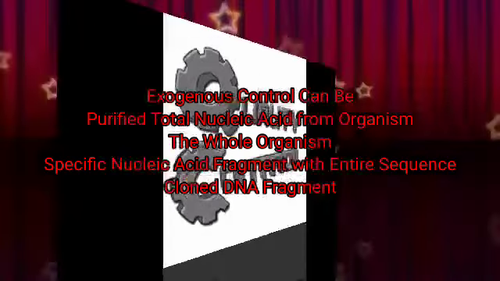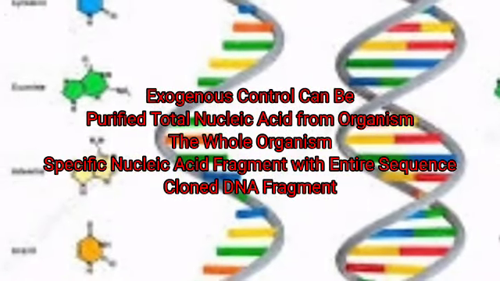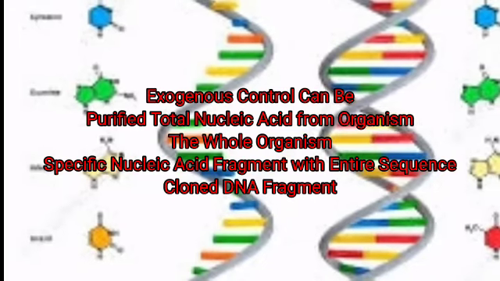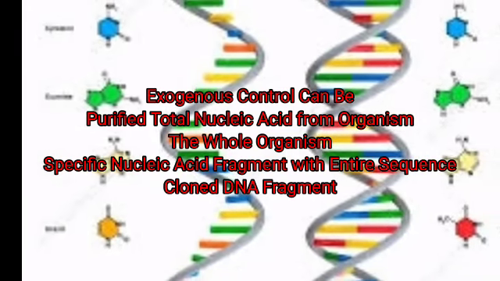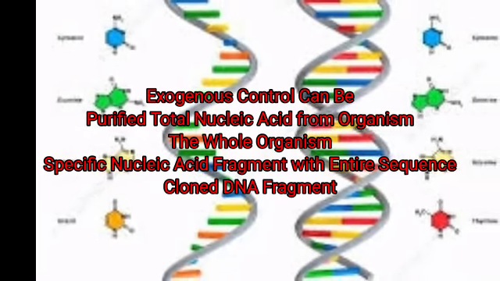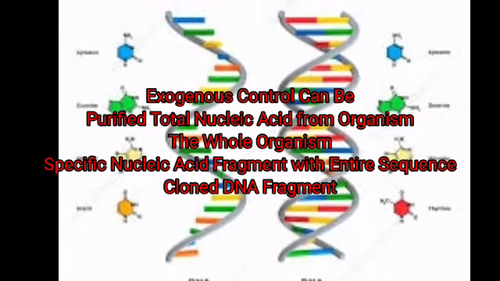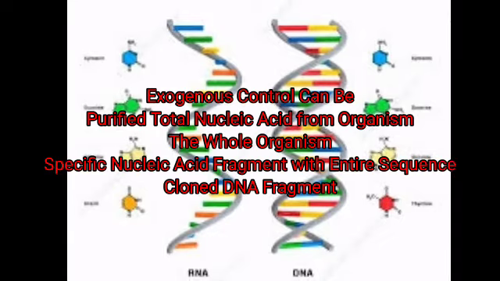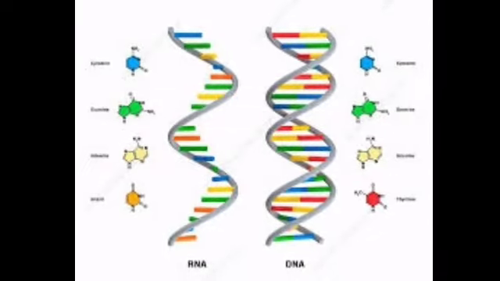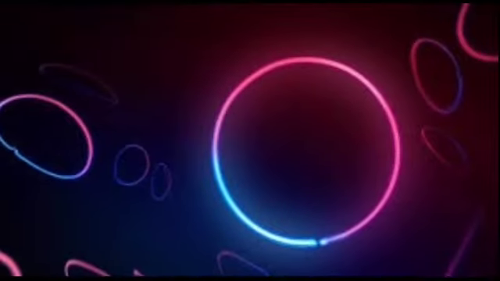A specific nucleic acid fragment containing the entire sequence to be amplified, including the primer binding site. Or it can be a cloned DNA fragment containing a modified form of target sequence.